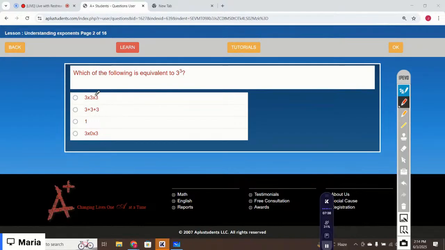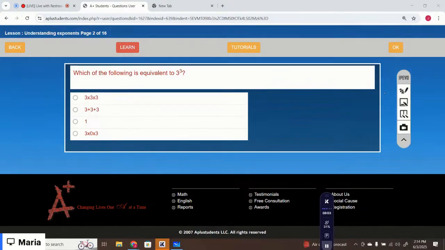So that is 3 times 3 times 3. Option number 1 is the correct option. That is 3 times 3 times 3.